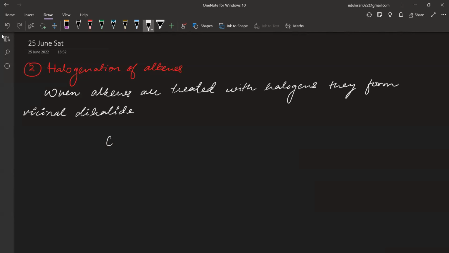That means if I have a carbon-carbon double bond, and there are two bonds attached to each carbon, because alkenes will have two bonds attached, and I'm adding, let us say, Br2, then these bonds will remain as they are, with no change, and you will get a Br on this carbon and also a Br on this carbon. Since the Br are attached on neighbors, we say that these are vicinal, and vicinal means in vicinity.